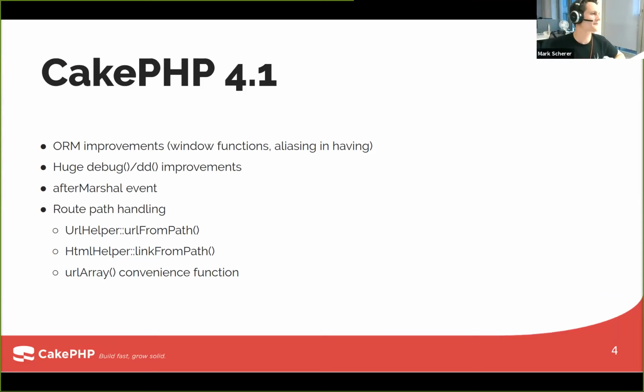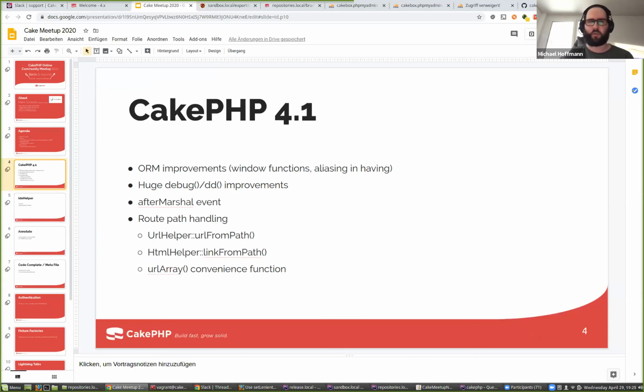And there was one question about how to create a default app template with 4.1. I would suggest that you simply clone the app repo and change the composer CakePHP dependency to dev master. That should do the trick. Currently, we don't have a branch in the app repo which points to dev master. True. Exactly.